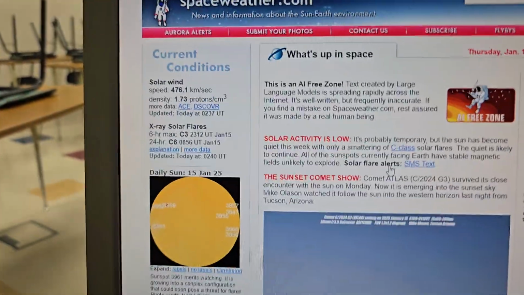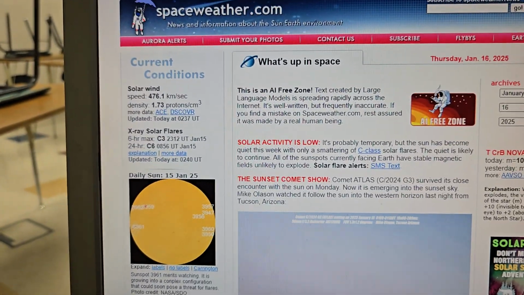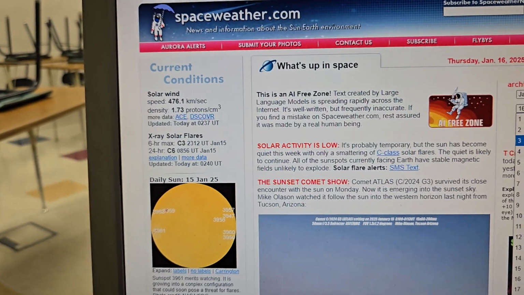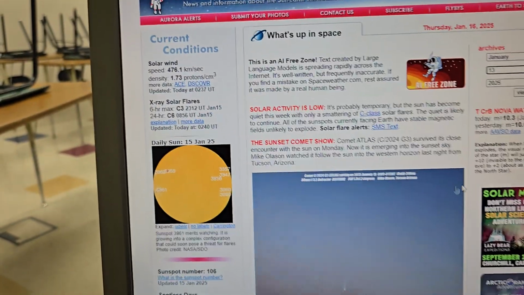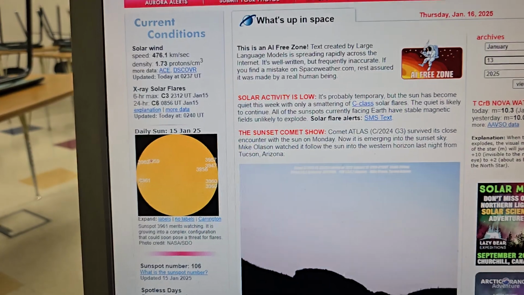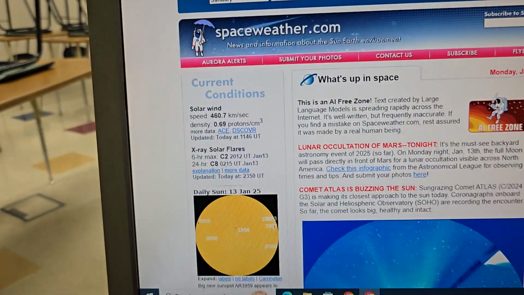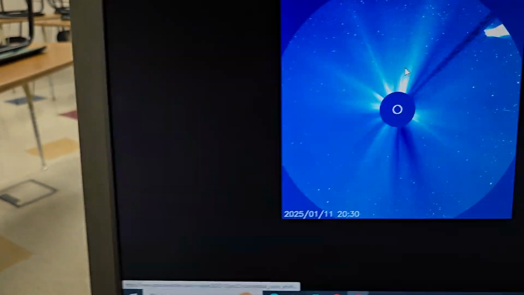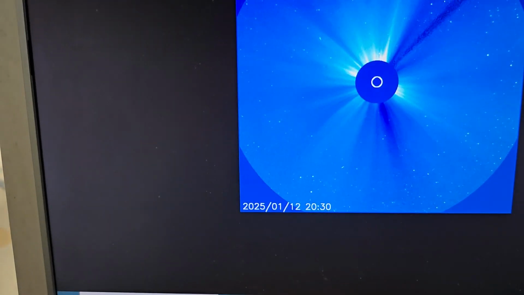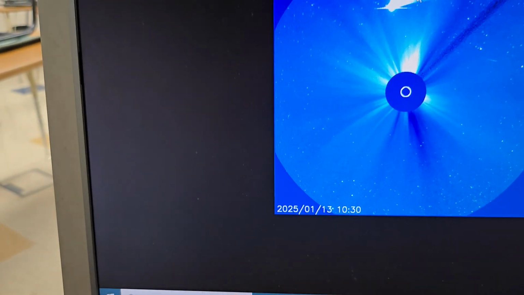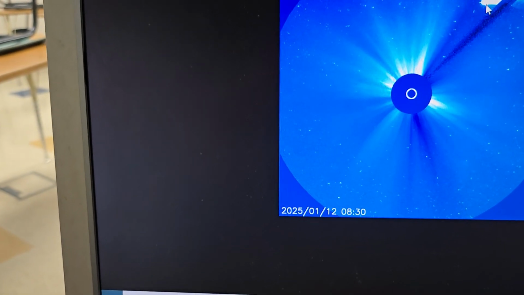The nice thing about spaceweather.com is you can go back and find old information. Like here from the 13th of January, I wanted the kids to see this. Here's that comet up close as it zooms around the sun. That's the head of the comet right here.